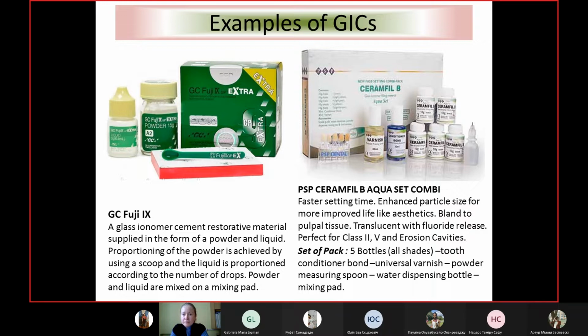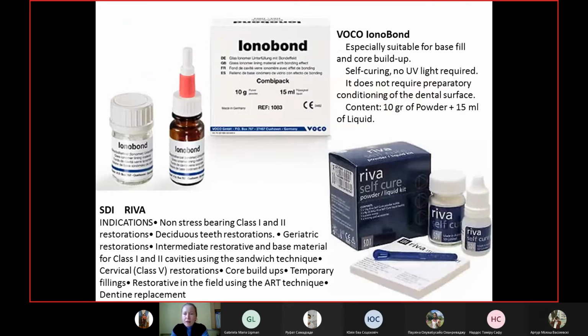So Ketac Fil, such material, recommended for class 2, 5 and non-carious lesions such as erosion. Ionobond, Voco, available as well in powder liquid formulation.